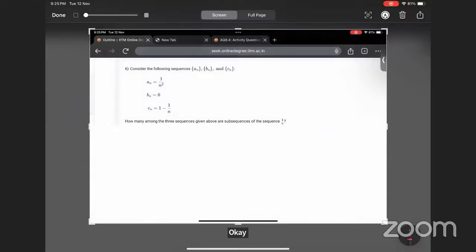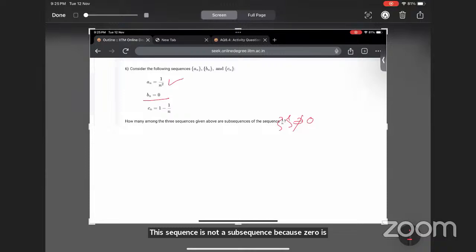We are choosing some specific terms from the sequence 1/n, right? 1/n squared, these are just squared numbers, so this is clearly a subsequence. But in the sequence 1/n, 0 is not there, right?